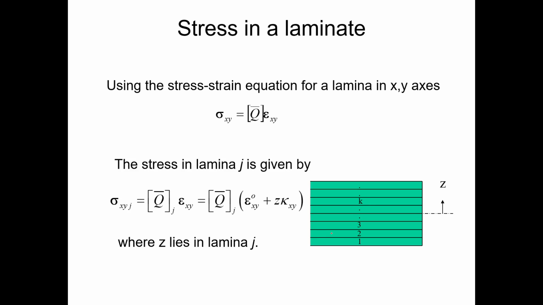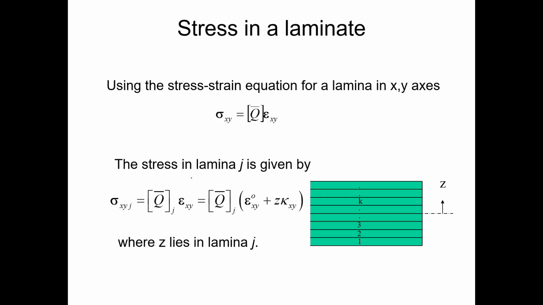Use the stress strain equations for laminae we have learned in part 3. We know sigma xy is equal to the reduced stiffness tensor times the epsilon xy.